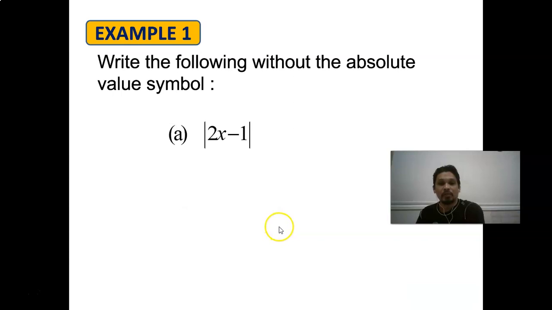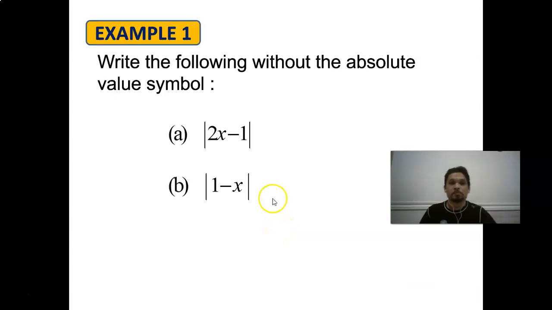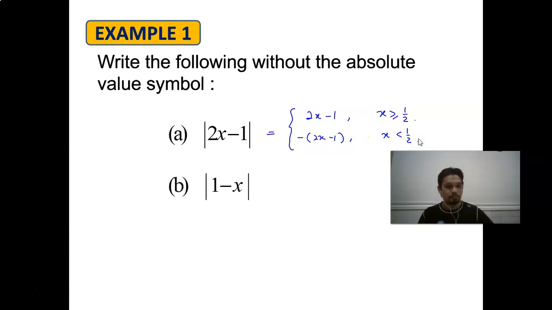Write the following without this absolute value symbol. For this one, it is 2x minus 1 when x is greater than or equal to 1 over 2, and negative of 2x minus 1 for x less than 1 over 2.